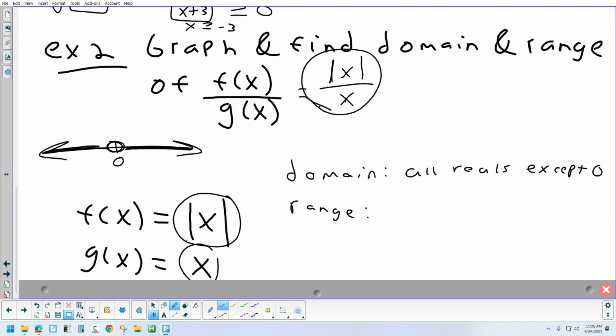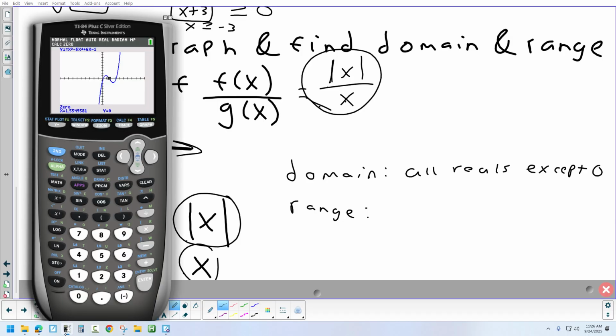So, what do you think the range is in this case? Yeah? Y equals 1. Was there any other number we were getting as an answer besides 1? -1. There's only 2 answers you would ever get in the range in this problem. A 1 or a -1.